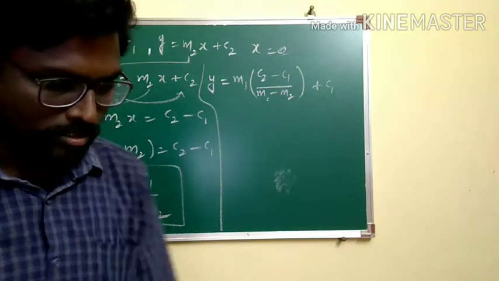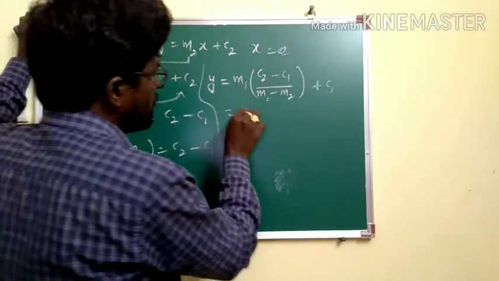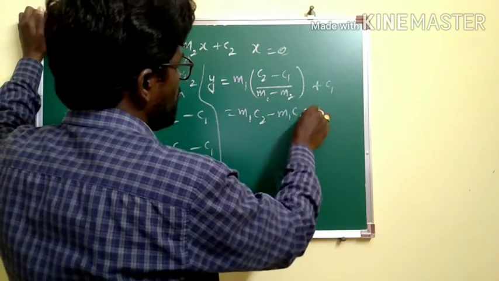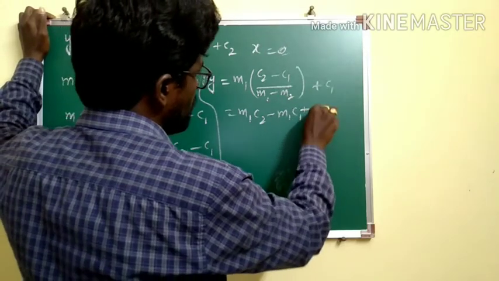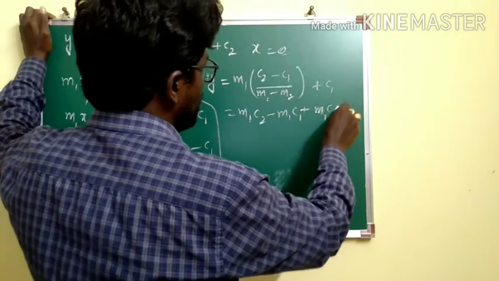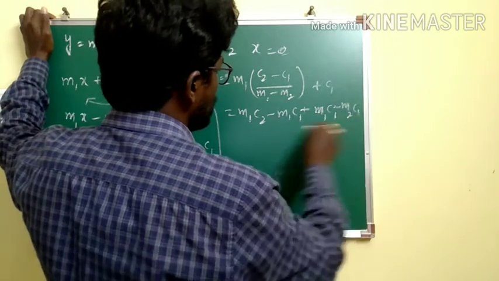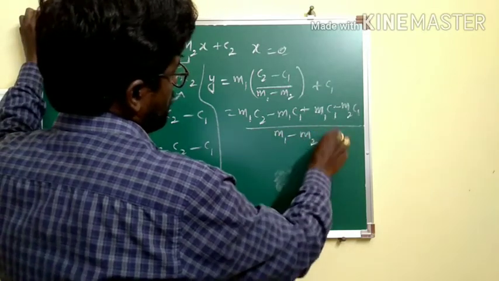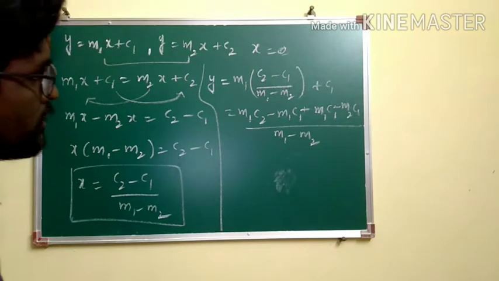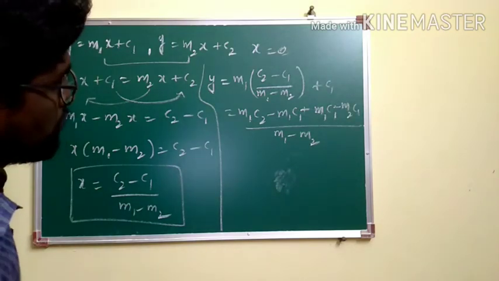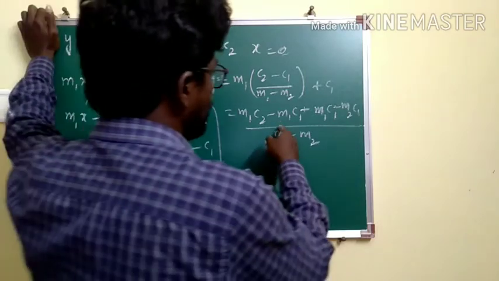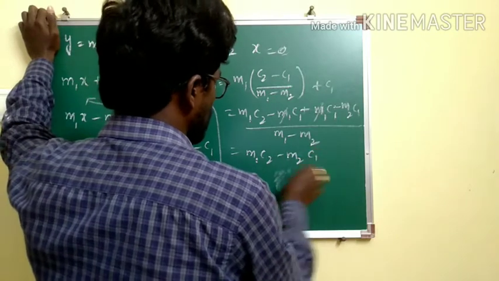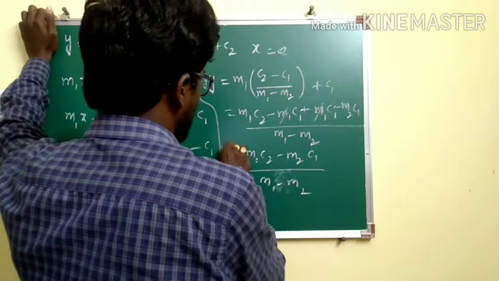On simplifying, taking the cross product, we get (m1c2 minus m1c1 plus m1c1 minus m2c1) by (m1 minus m2). Minus m1c1 plus m1c1 gets cancelled, so I get (m1c2 minus m2c1) by (m1 minus m2) as the y coordinate.